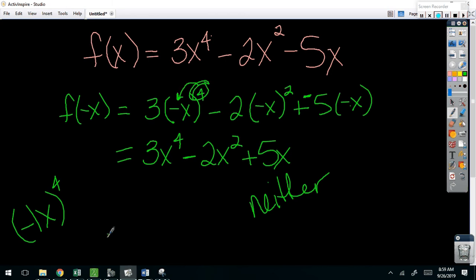Negative 1 to the 4th is positive 1. So basically, if it has an even exponent, it's always going to be positive. If it has an odd exponent, it's going to keep whatever sign is there.